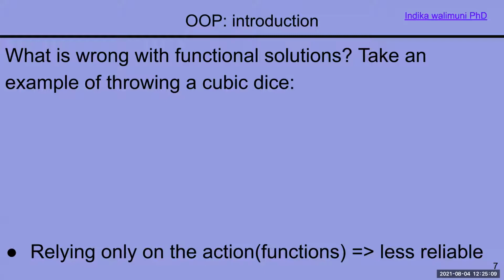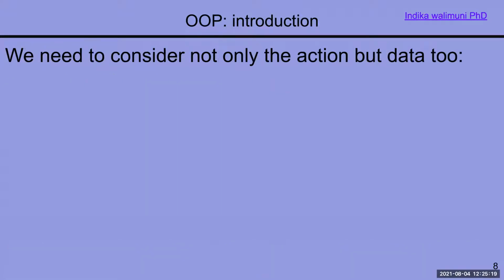So if we consider both the action and the object that the action relates to, then it's more reliable. And you'll see that in object-oriented programming we achieve that.